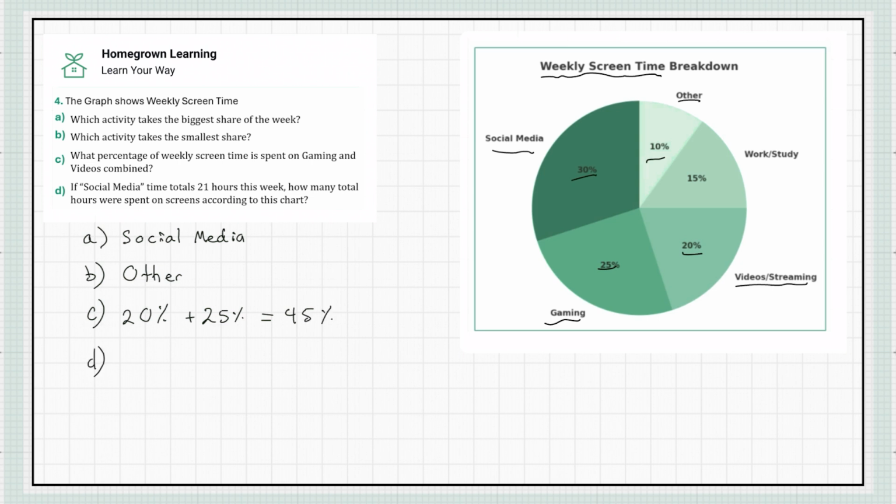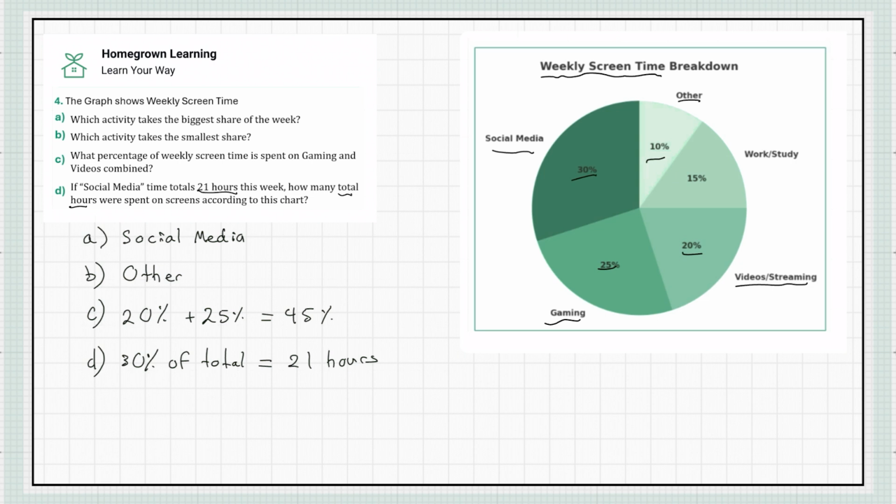Finally, if social media accounts for 21 hours this week, how many total hours were spent on screens? So we can write for social media, 30% of our total time was equal to 21 hours.